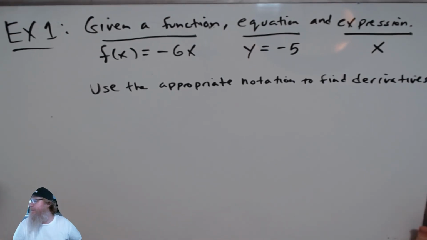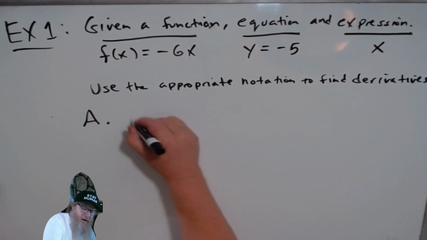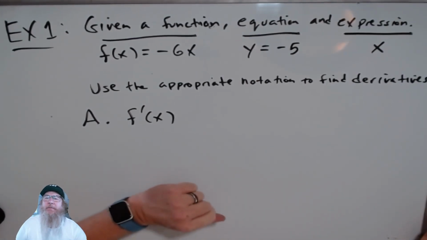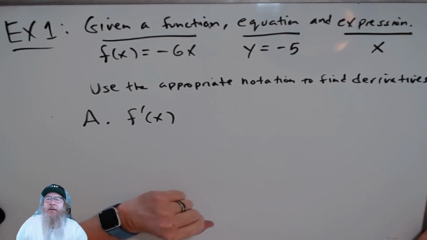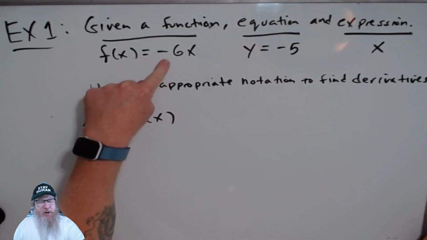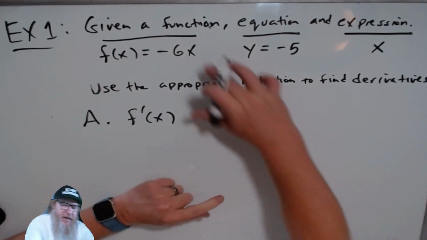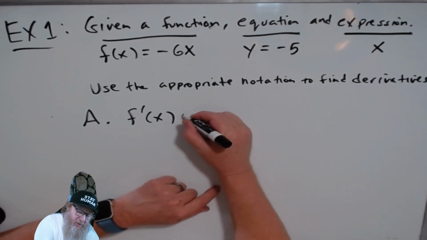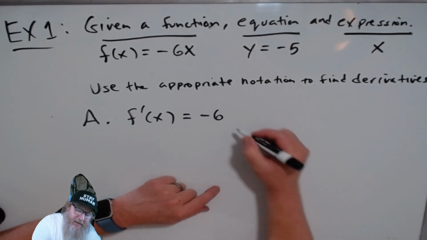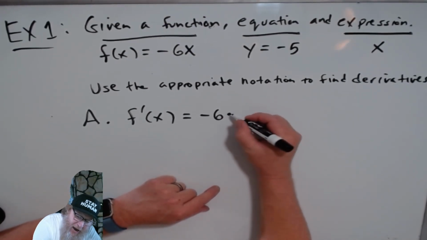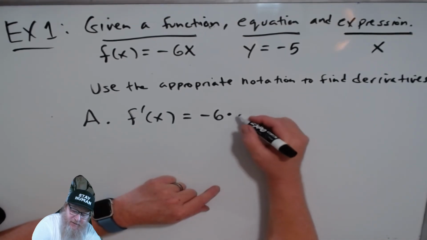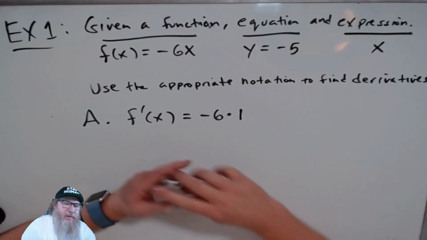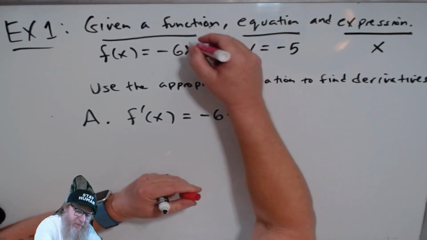All right. So we'll start off with the easiest one, f prime of x. Okay. So we have a constant times a function. So this is going to be negative 6 times the derivative of x, which is just 1. Maybe I'll notate that. It's the first example.